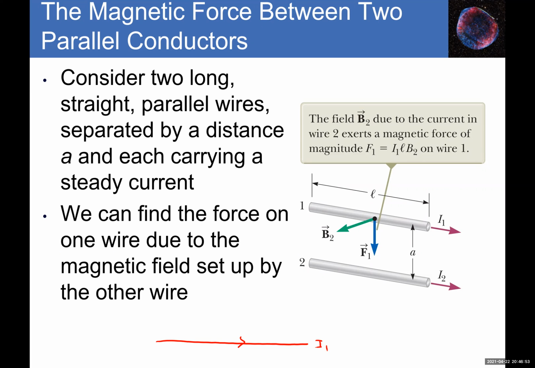Now, because this wire has a current to the right, using the right hand rule, here's your thumb. You can see your fingers then will curl out of the page.